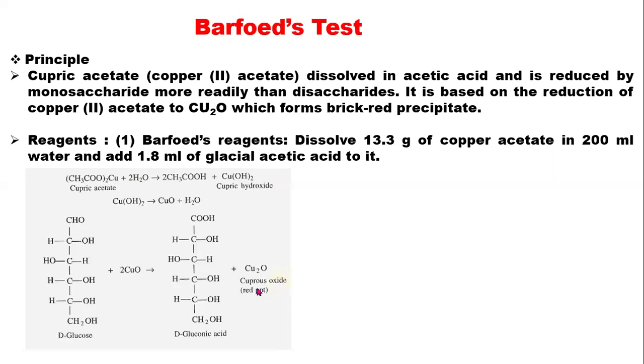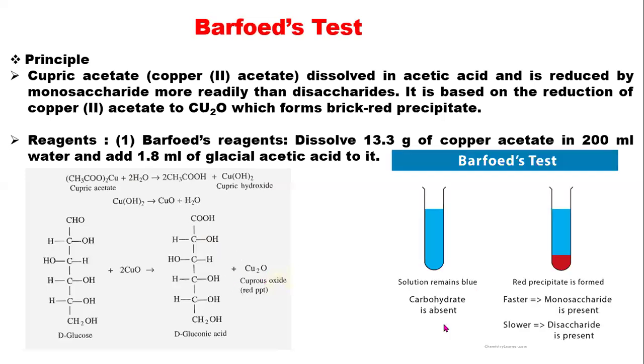So anytime the reaction forms copper 1 oxide, which is cuprous oxide, you have this red precipitate.